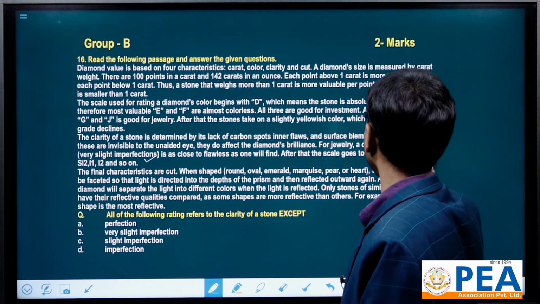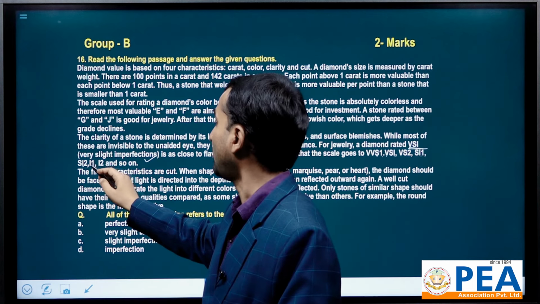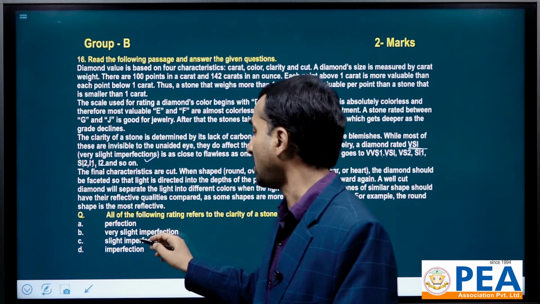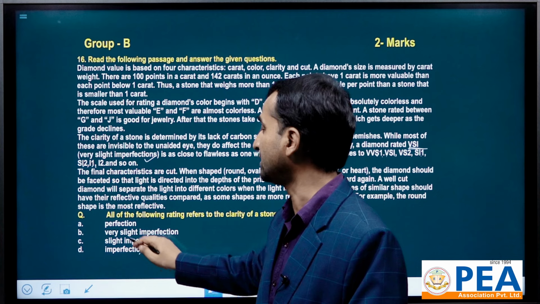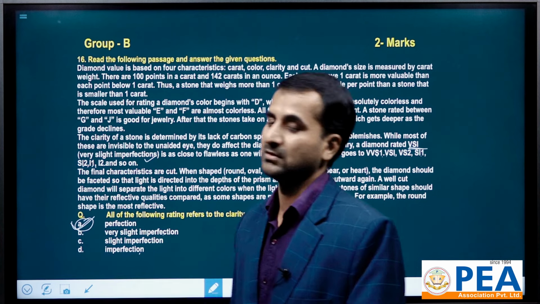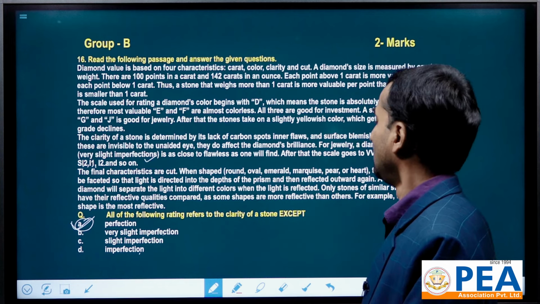This one is slight imperfection 1, and this one is slight imperfection 2. This one is imperfection 1, and this one is imperfection 2. They all are talking about slight imperfection or very slight imperfection or imperfection, but it is not talking about perfection. So this one is our right answer. This is how we have to solve this one.